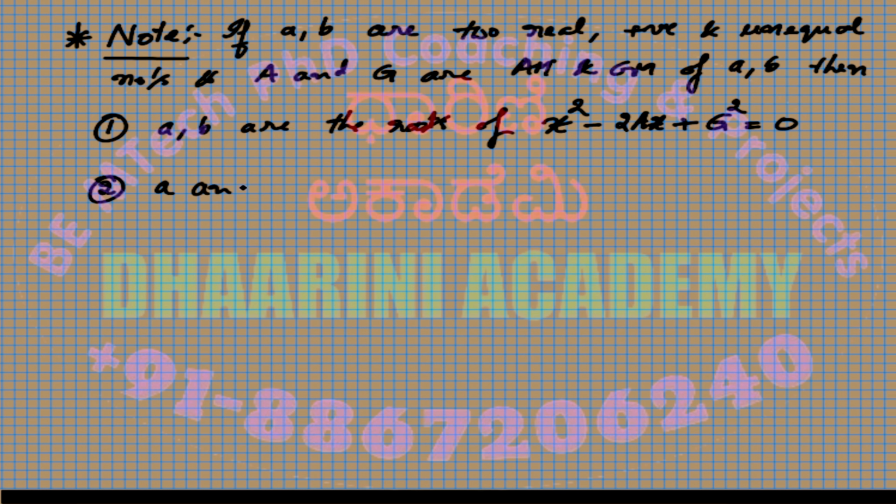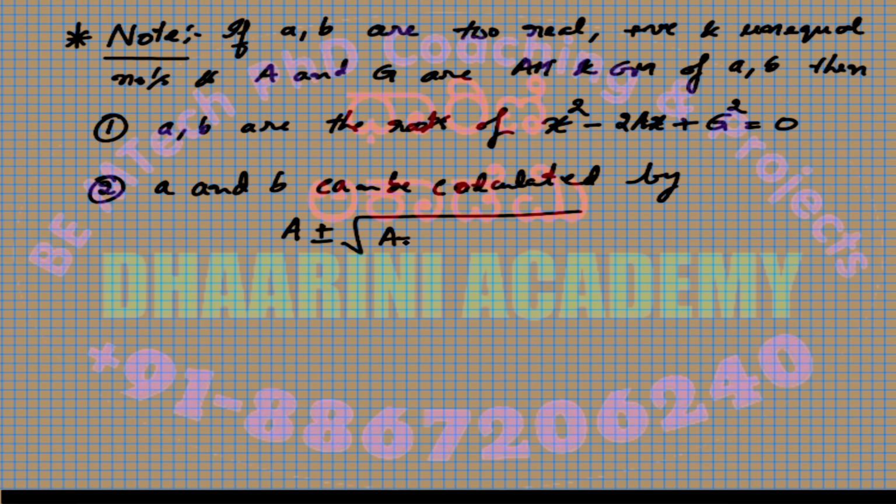a and b can be calculated by simply finding out A plus or minus under root (A plus G) into (A minus G), right?